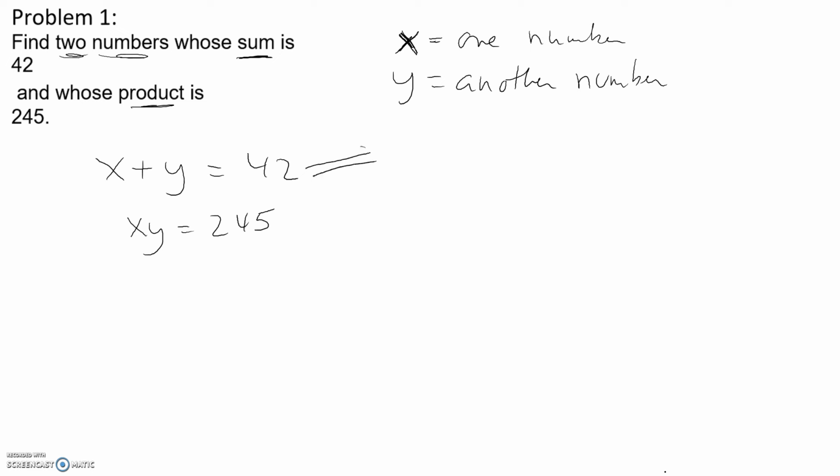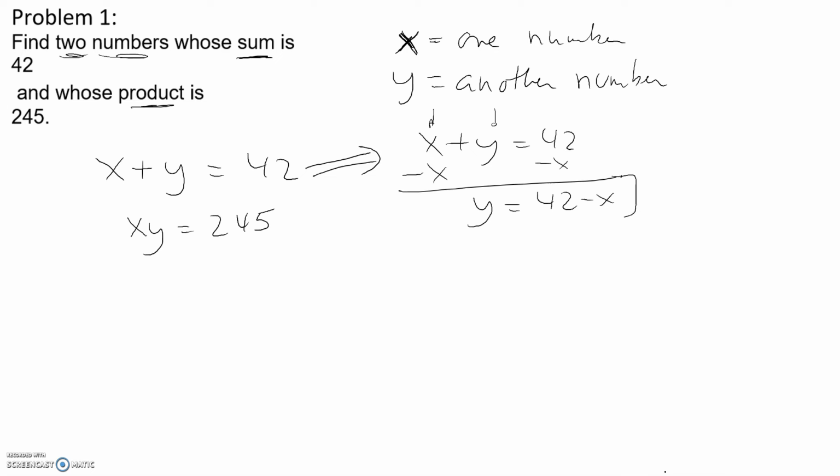The best thing I'm thinking is we're going to take this equation and solve it for one of the variables. Doesn't matter, solve for x, solve for y, it wouldn't matter. So we're going to solve it like this: y equals 42 minus x. We're going to substitute that y value as 42 minus x.